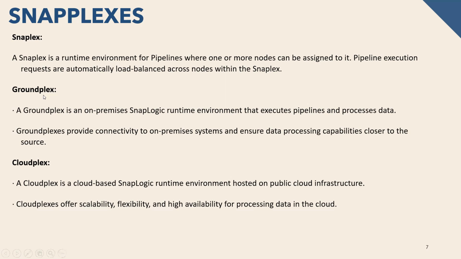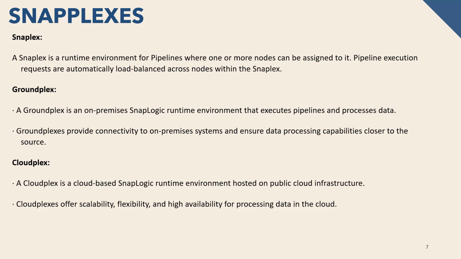Now, Snaplexes are divided into two types: one is a groundplex and the other is a cloudplex. The groundplex is the runtime server which is installed or hosted on-premises, within the customer's infrastructure.